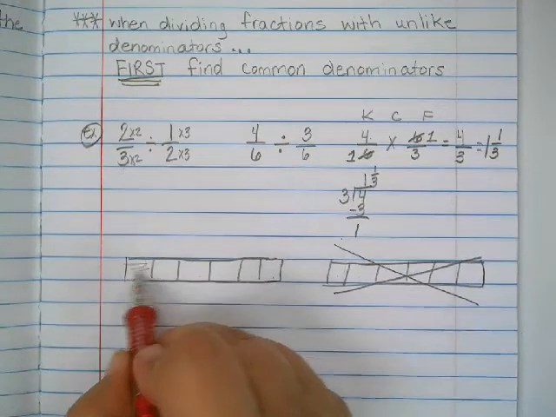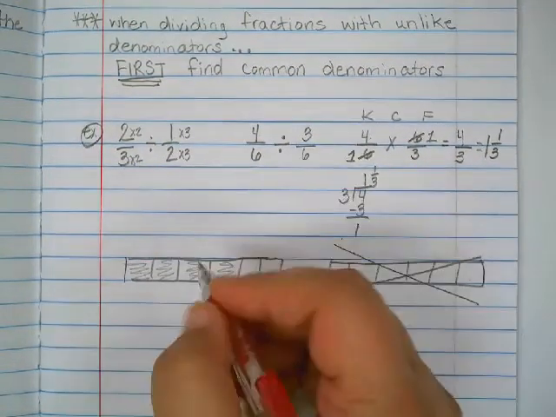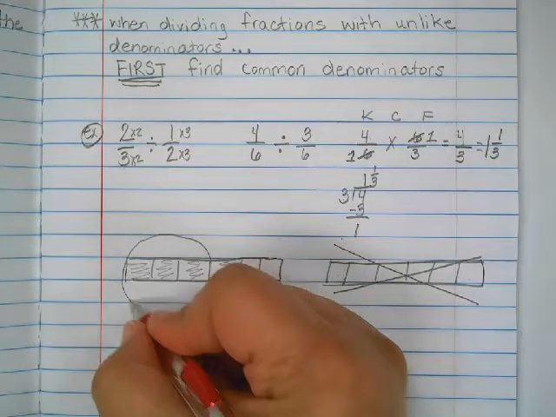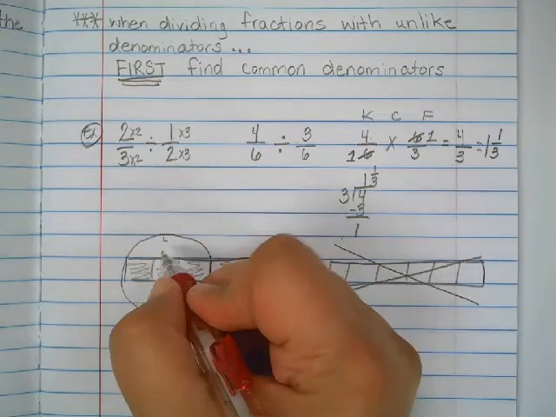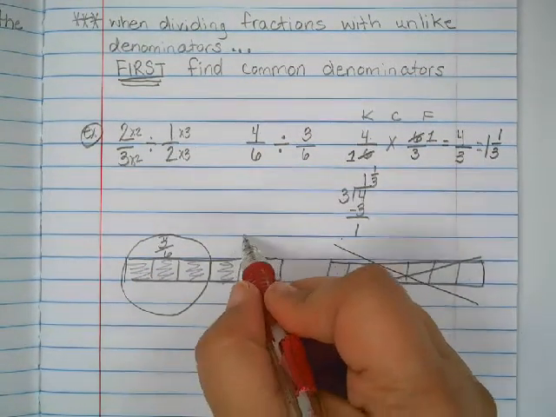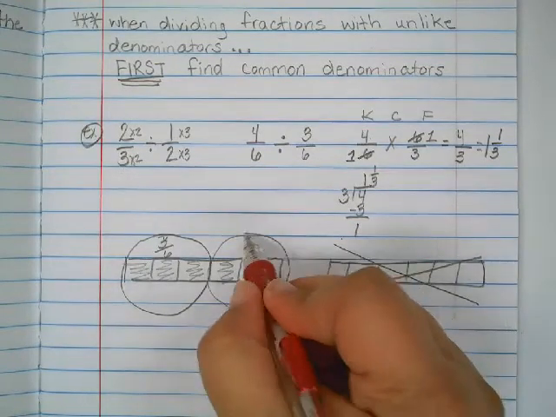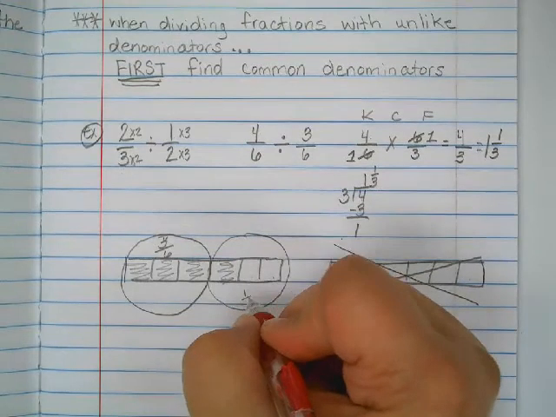So I color in my 4 out of 6. I'm dividing it into 3/6. So I have this is 3/6. And then when I go to make my next 3/6, you can see I only have 1 out of 3. So this is actually 1/3.